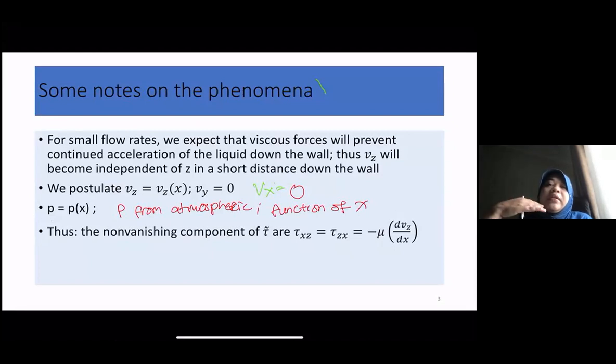But if we consider similar x, then the P would be similar. Now the non-vanishing component of tau, later on we also need to consider this. It is actually tau z later on, but I think we can find this later on.